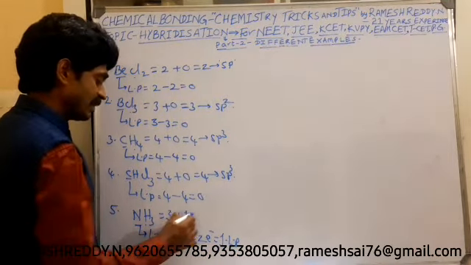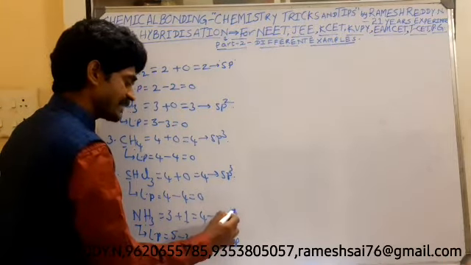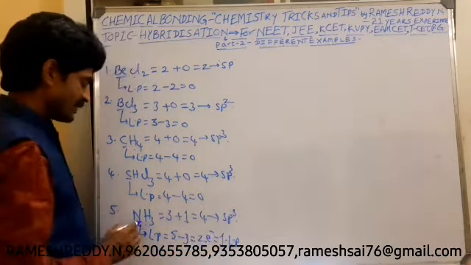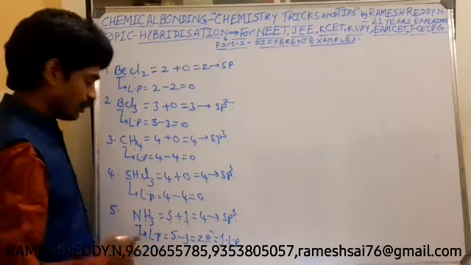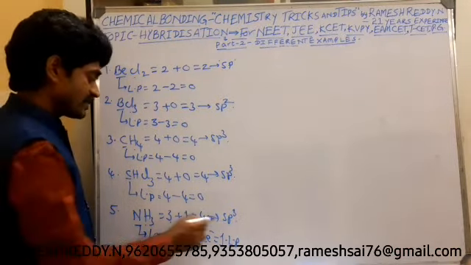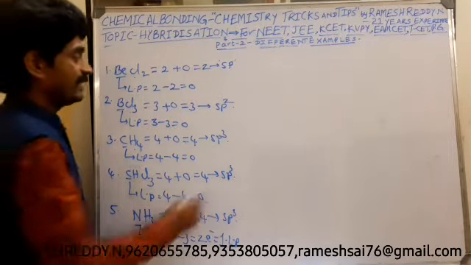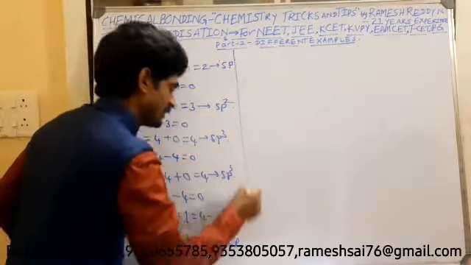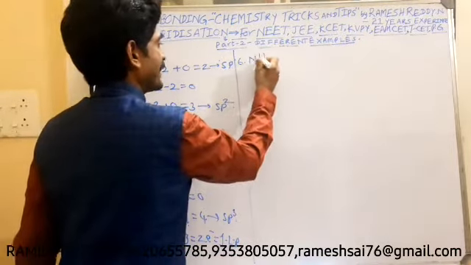So 3 plus 1, then you will get 4. The value is 4, which means the molecule undergoes sp3 hybridization. That means in ammonia, nitrogen has 3 bond pairs and 1 lone pair. So in this molecule the central atom nitrogen undergoes sp3 hybridization.